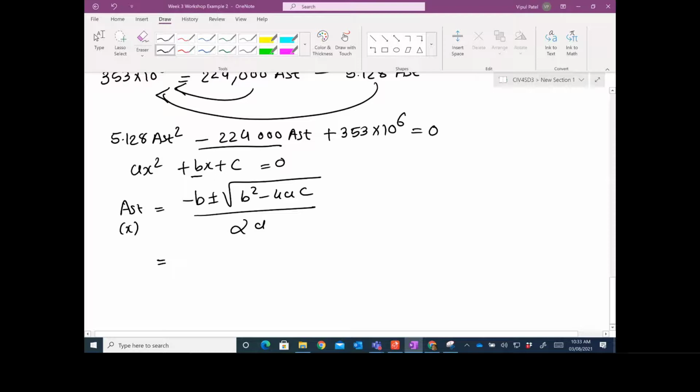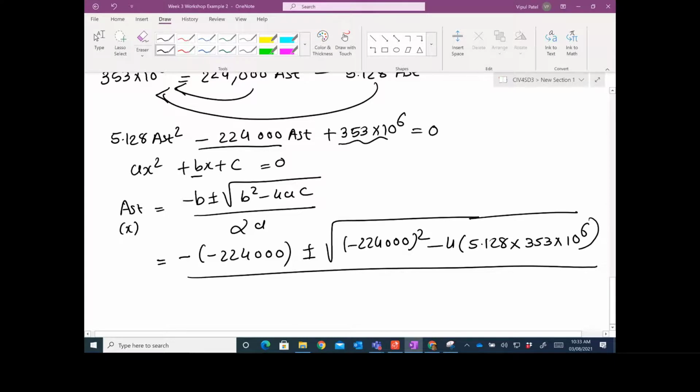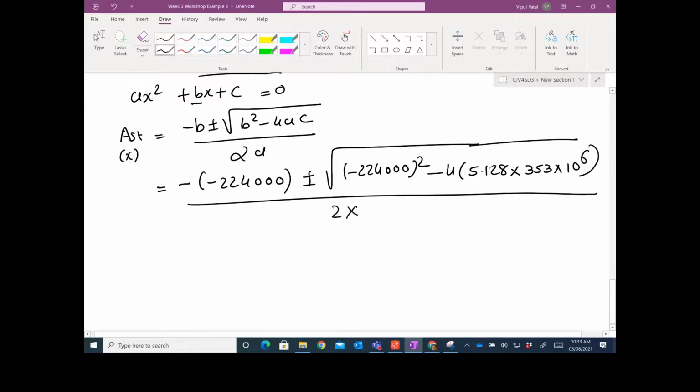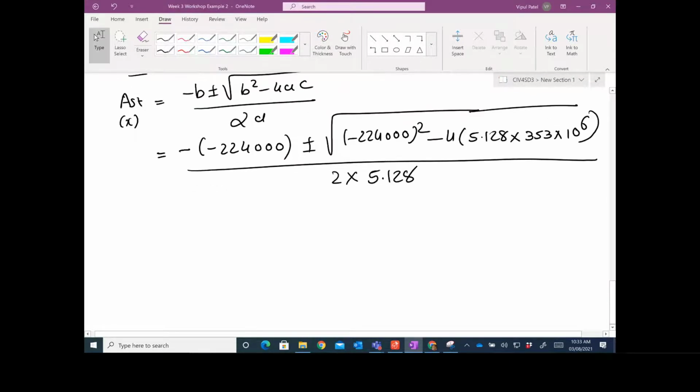So you have a minus and minus 224000 plus or minus b is minus 224000 square minus 4, a is 5.128, c is 353 times 10. I just plugged the value. I think you done this one in the grade 8 somewhere, but just refreshing, take you back to the schools. 5.128, a is this one.